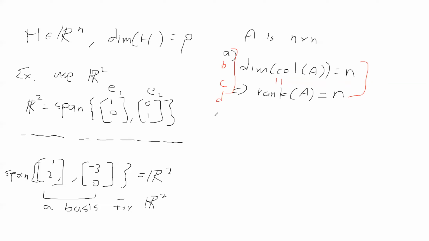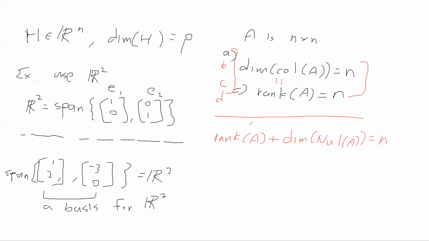Now this is very interesting. I want you guys to look at the rank theorem. If a matrix A has n columns, then rank of A plus the dimension of null space of A is n. So let me write it down first. Rank of A plus the dimension of null space of A is n.